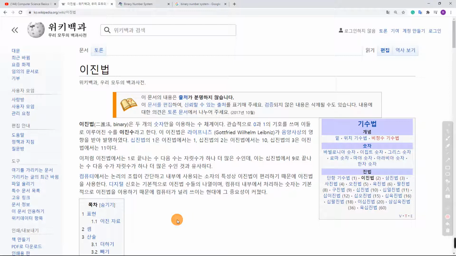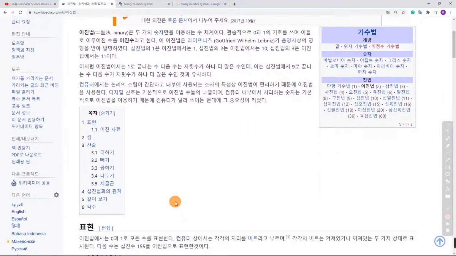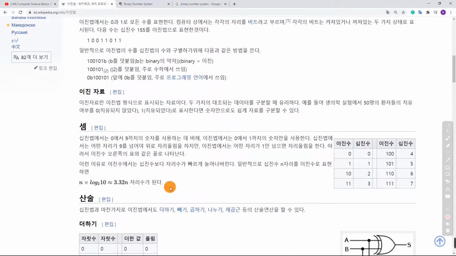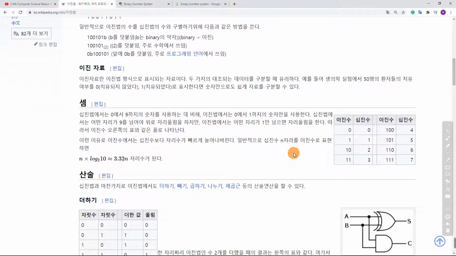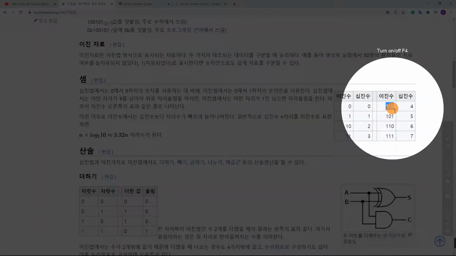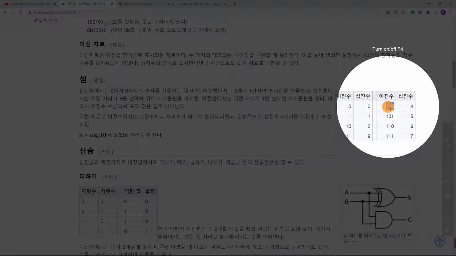If you want to learn more about the binary number system, I suggest you read the Wikipedia page in Korean language. Here you will find some good examples. For instance, 100: we cannot read this as 100, it's not 100. Why? Because here we use a binary number system.